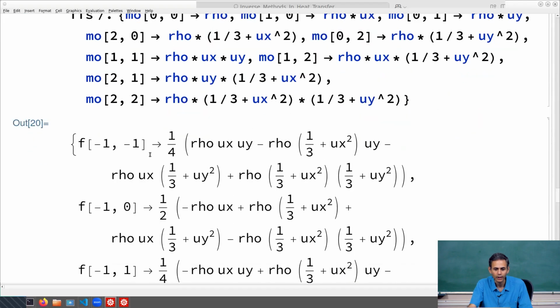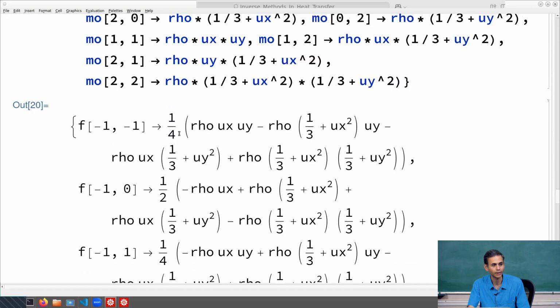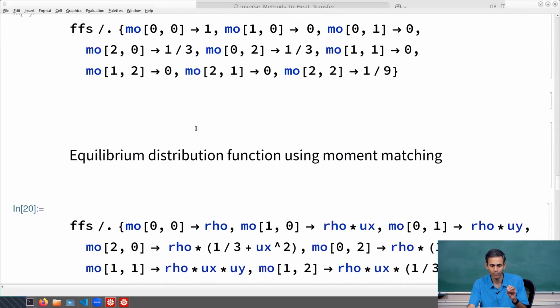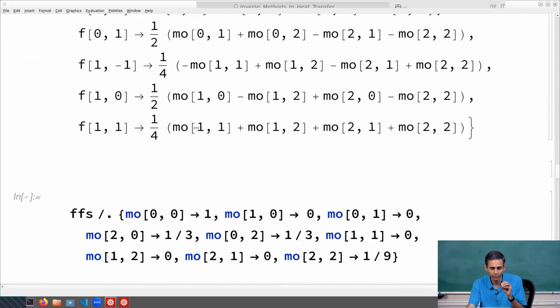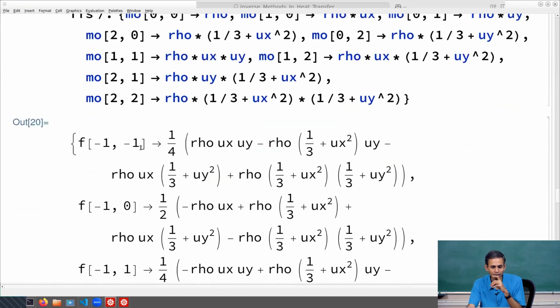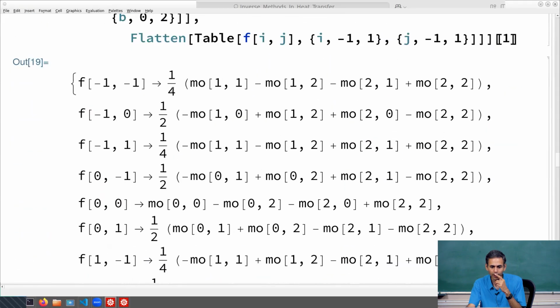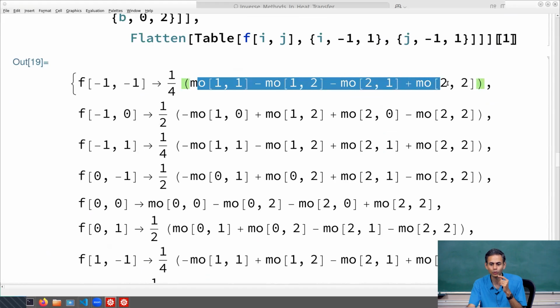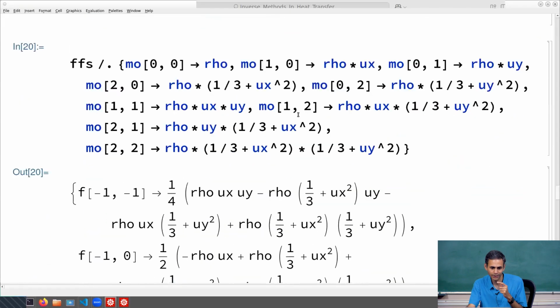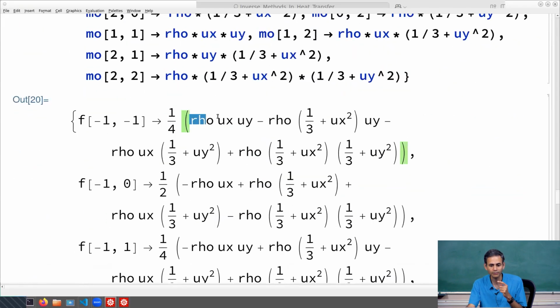and it's going to give me the equilibrium value of f minus 1 1 as this quantity, right? That is 1/4 of... it has replaced all the moment values we have obtained before. For example, we can go back, f minus 1 1 was earlier in terms of moment 1 1, 1 2, 2 1 and 2 2, right? But then it has replaced it with whatever we have said, and it has written this as 1/4 of rho times ux uy minus rho times 1/3 ux square times uy minus, so these are basically the same expressions we have used before, right?